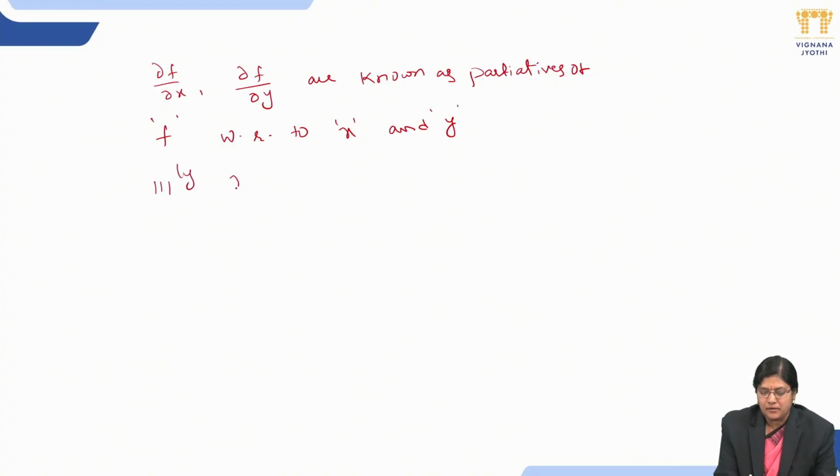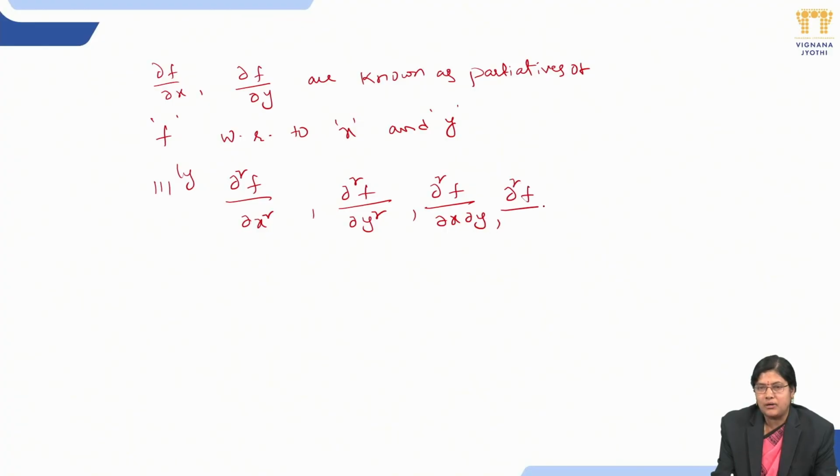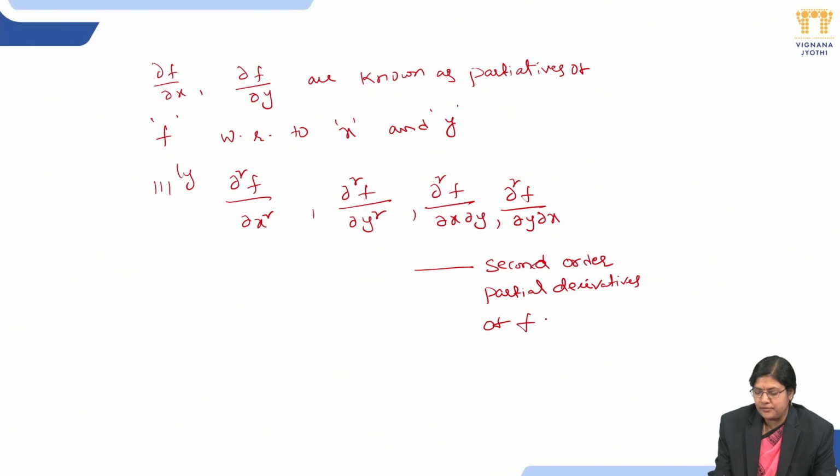Similarly, dou square f by dou x square, dou square f by dou y square, dou square f by dou x dou y, dou square f by dou y dou x are known as second order partial derivatives of f with respect to x and y.